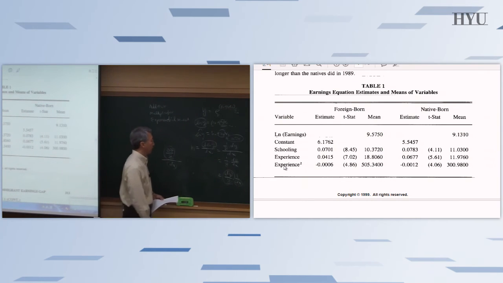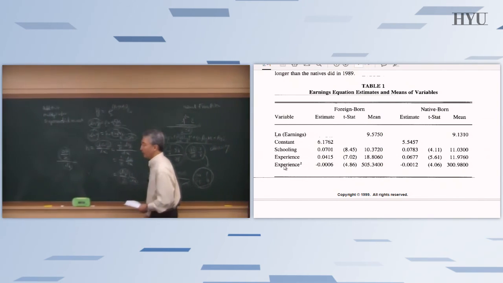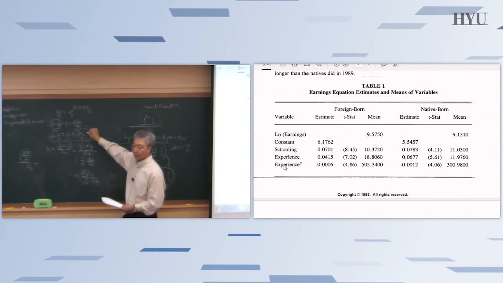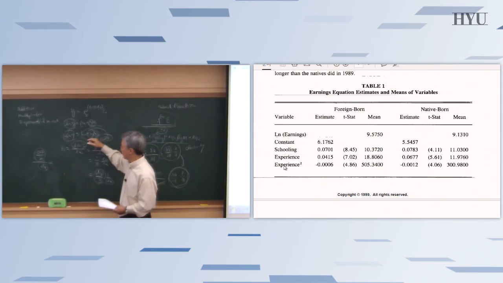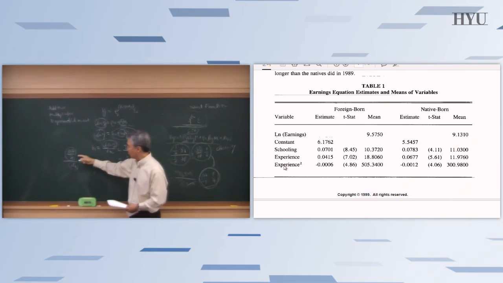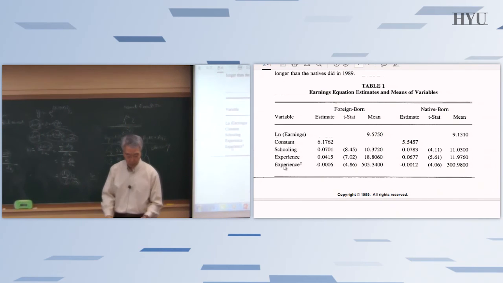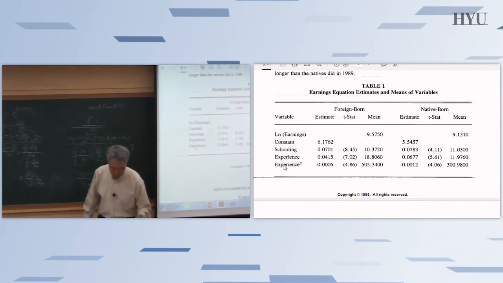Okay? So we have log level. On this side, the interpretation is exactly the same as before: for each unit increase in x1, we can expect this much fractional change or percentage change in y. Okay?